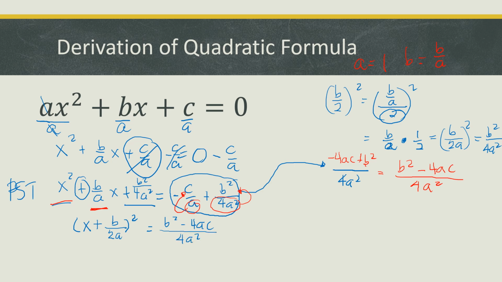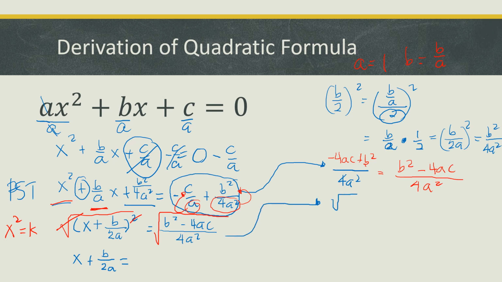Again, if you can still remember, this form is already in the x squared is equal to k form, so we can extract the square root on both sides. This one will be cancelled out. So that will give us x plus b over 2a equals. Let us simplify this one.